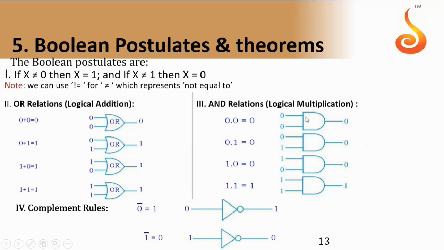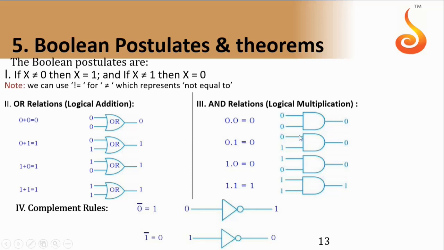So what does it take? It can take 2 or more inputs. Here I have 2 inputs and it will give me 1 output. If both the inputs are low, that is 0, false, the output is false. It is 0 dot 0. Logical multiplication, dot, or 0 and 0, or 0 dot 0 is equal to 0.